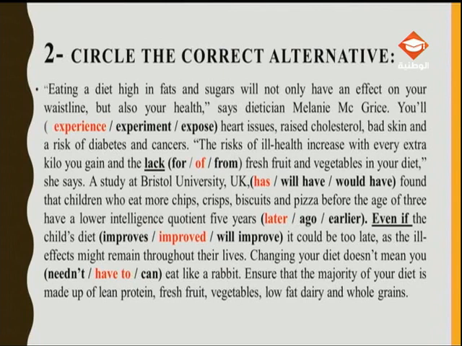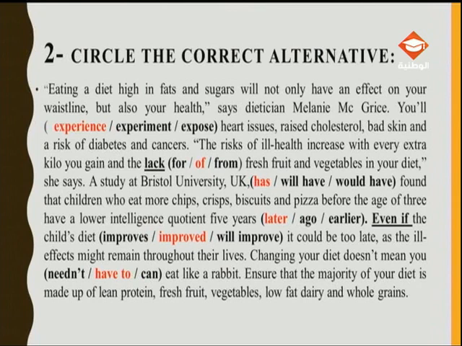So here we are in an unreal situation in the present. Which tense to use? Improves is the simple present, improved is the unreal past, and will improve is the future.